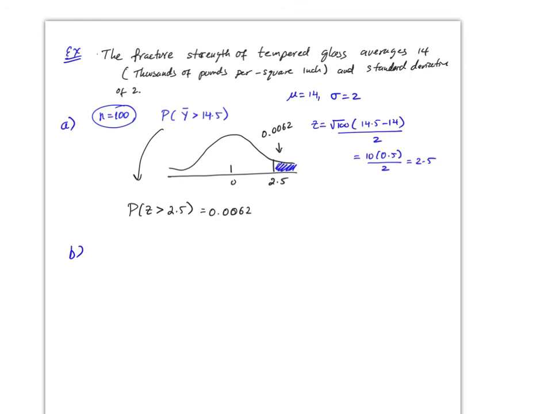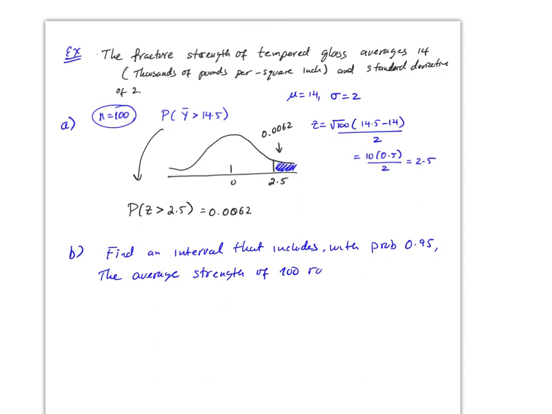All right, so let's say this is part A. Part B will be this: find an interval that includes, with probability of 95%, the average, which means y bar, the average strength of 100 randomly selected pieces of glass.